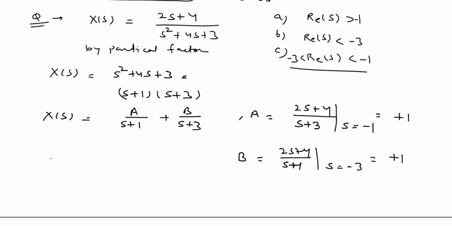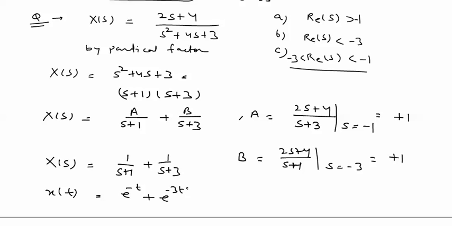In both cases we have coefficient 1, so 1 upon s plus 1 plus 1 upon s plus 3. We want to calculate the inverse of it. Directly we can write the expression, e power minus t plus e power minus 3t, times u(t).